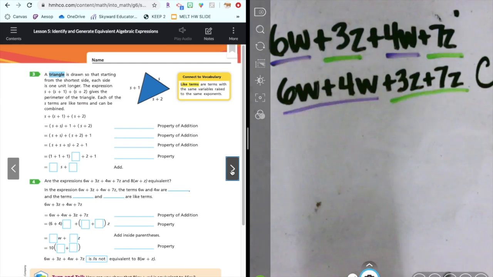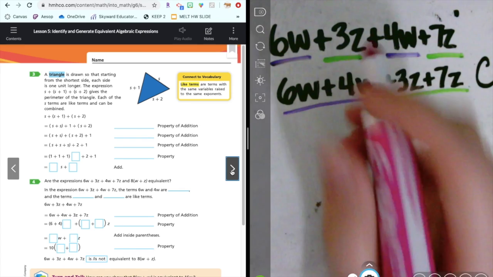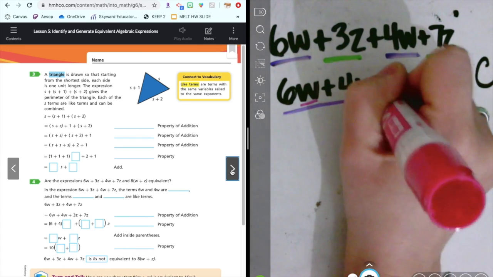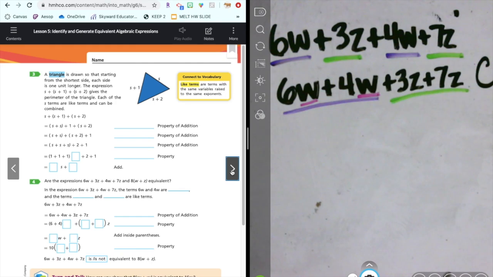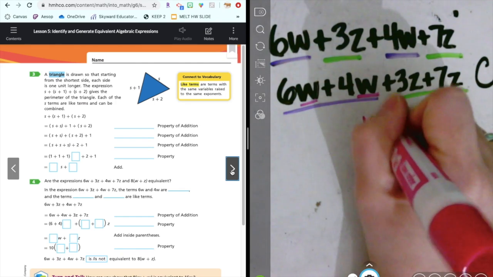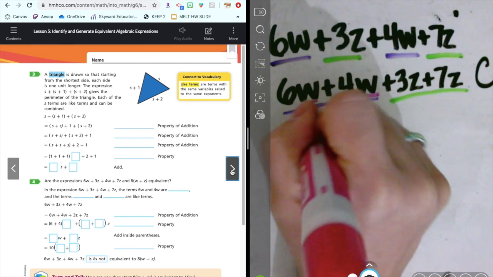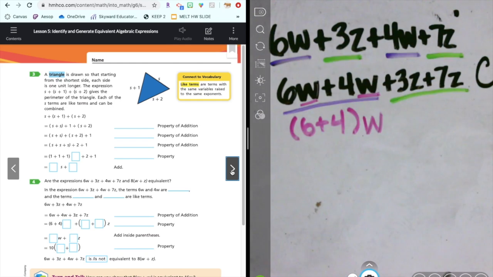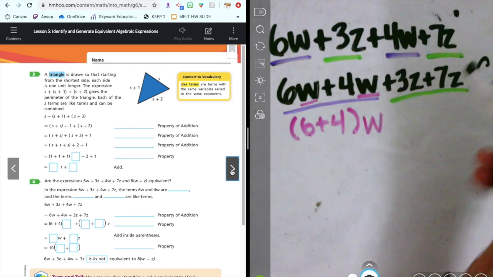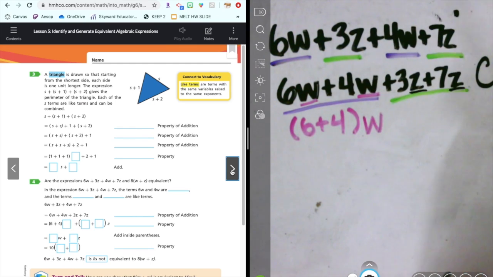I don't have enough room to write all that out. Sorry, guys. Commutative property. All right, now, ooh, I see something. I see that this has a w and this has a w. So I'm going to take that w out and put their coefficients in parentheses. Okay? And then I see that this one has a z and this one has a z.